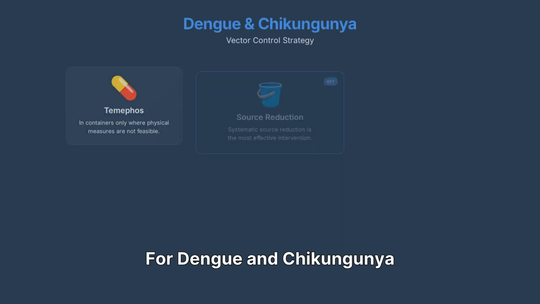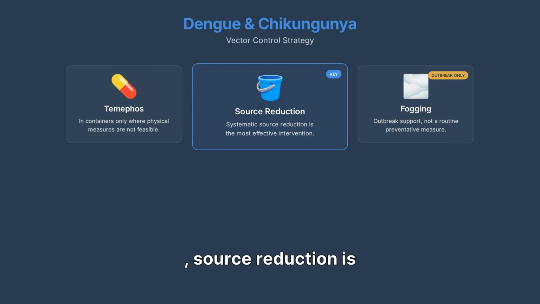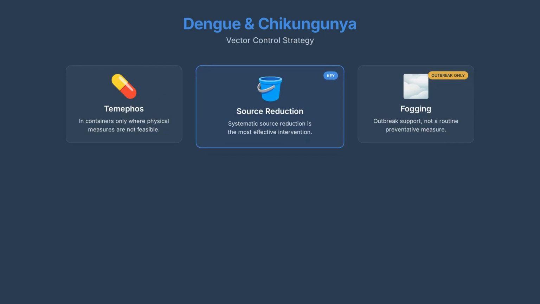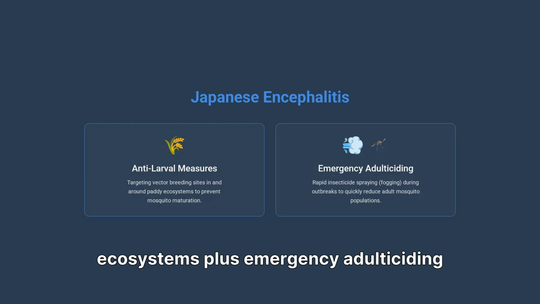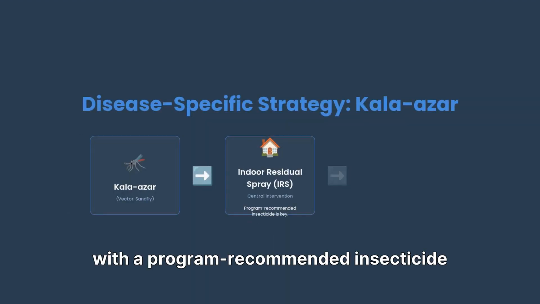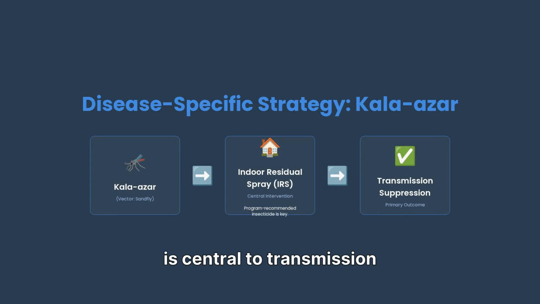For dengue and chikungunya, source reduction is key. Temephos in containers only where needed. Fogging is outbreak support, not routine. For Japanese encephalitis, anti-larval measures around paddy ecosystems plus emergency adulticiding during outbreaks. For Kala-azar, IRS with a program-recommended insecticide is central to transmission suppression.